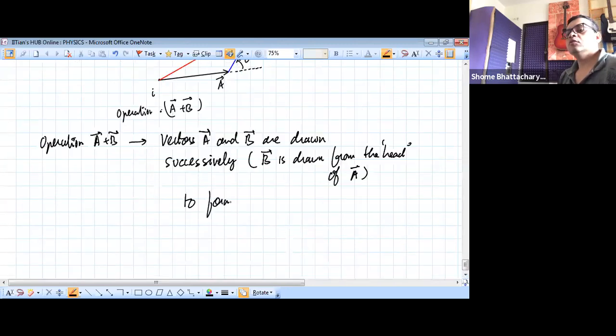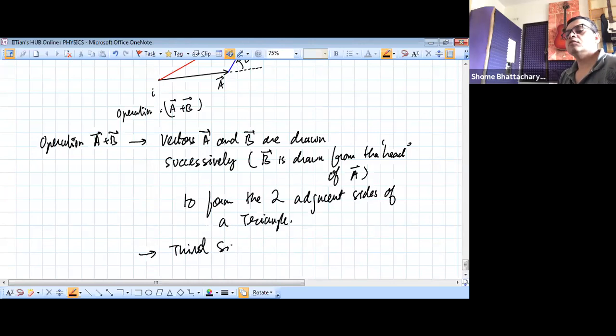to form the two adjacent sides of a triangle. So now what happens is the third side, that is from the tail of vector A to the head of vector B, this side.